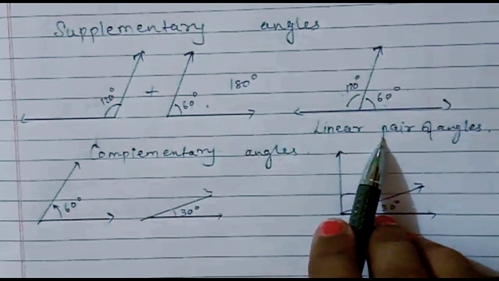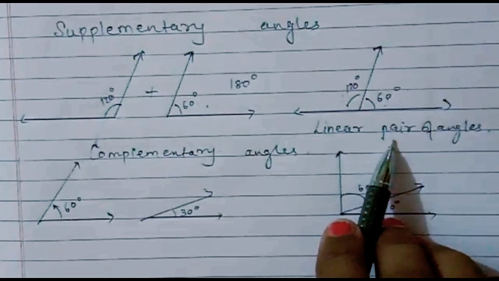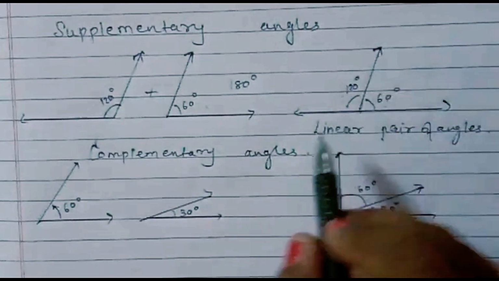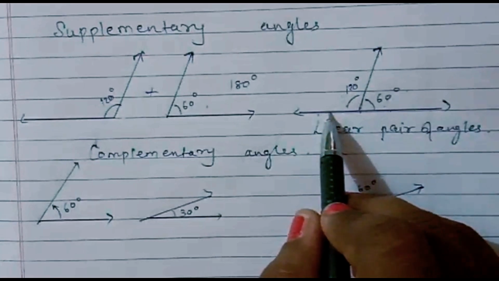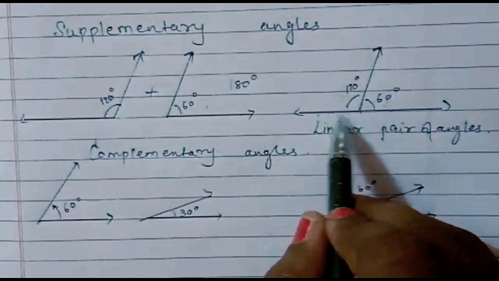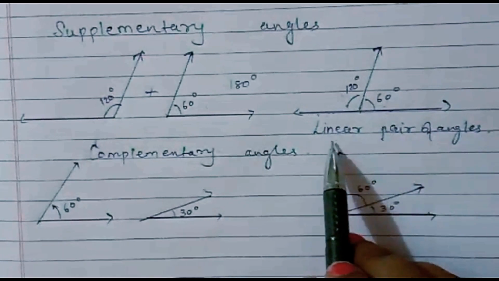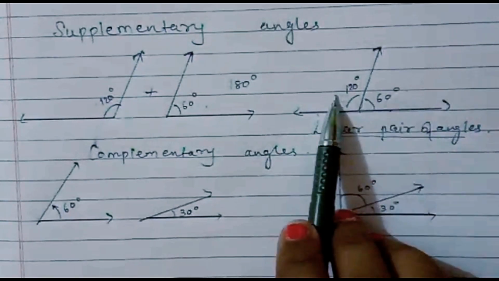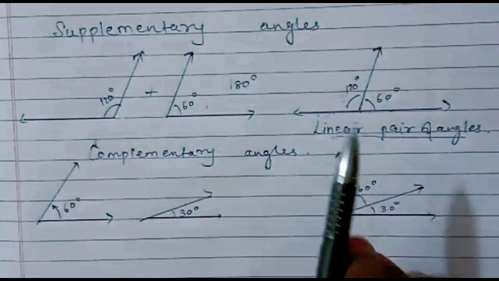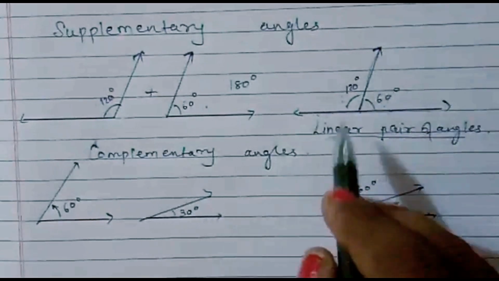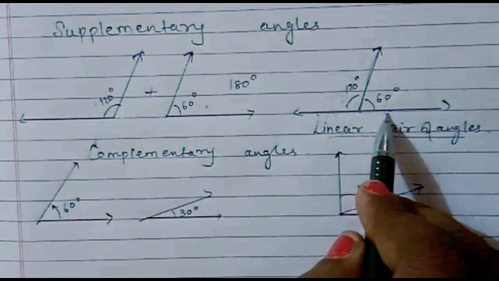So what is the meaning of a linear pair of angles? These angles form a linear pair only if they have one arm common and the other arms are in mutually opposite directions. That means they form two opposite rays. Again, I'll repeat: two angles form a linear pair if, first, they have one arm common and the second arms are opposite rays.